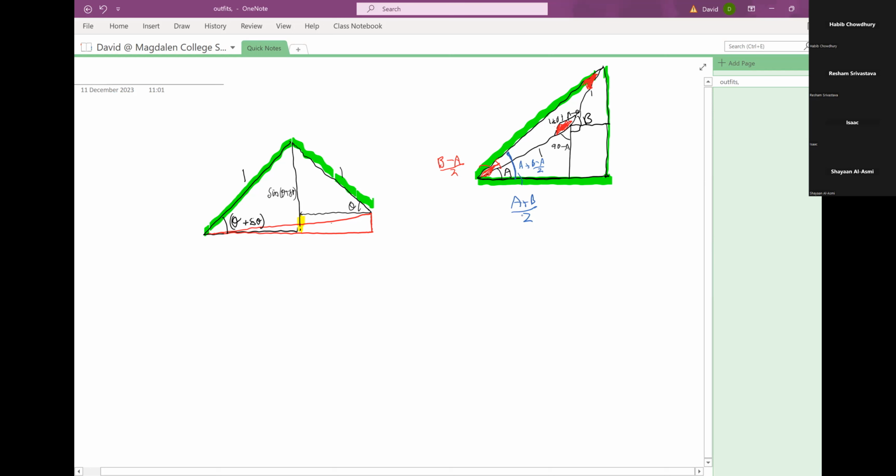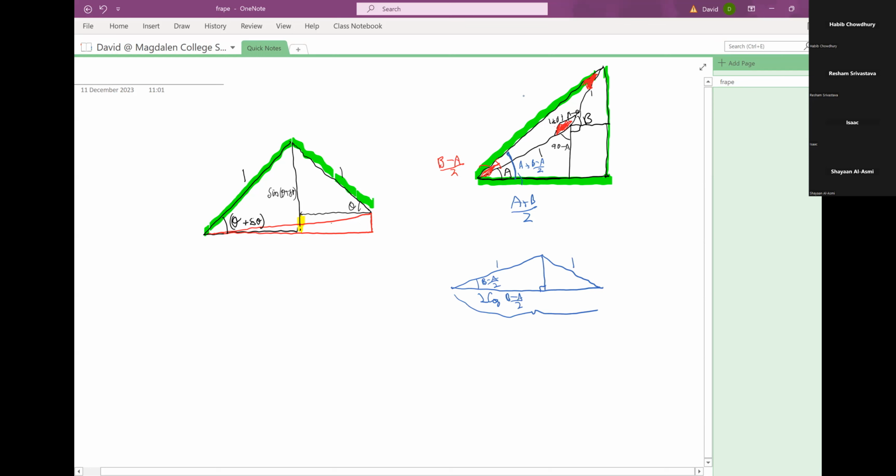Well, I want to understand the big green right angle triangle. So my isosceles triangle, which is 1, 1, and then b minus a over 2, I can split it into a right angle, and I can get that this length here is cos of b minus a over 2. And then to get the complete length, I multiply that by 2.